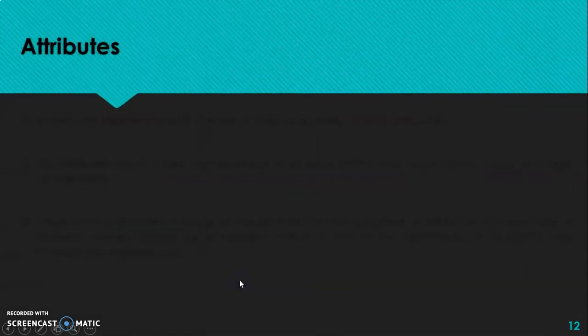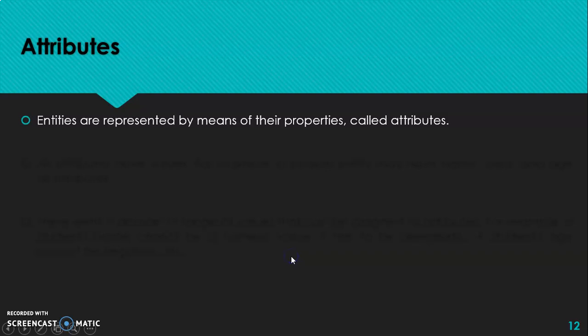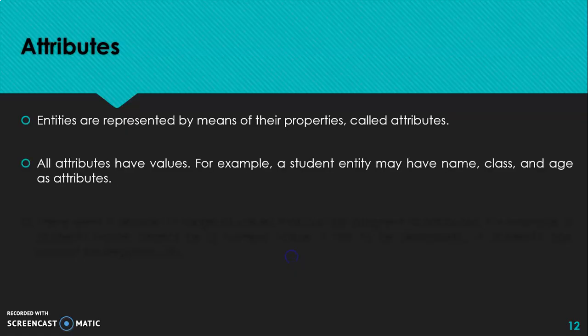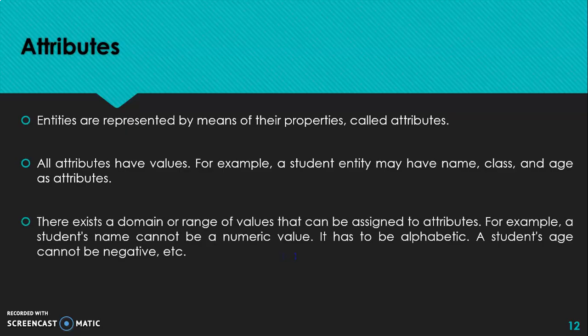Then we have attributes. Entities are represented by means of their properties. These are called attributes. All attributes have values. For example, a student entity may have a name, class, and age as attributes. There exists a domain, or a range of values, that can be assigned to an attribute.